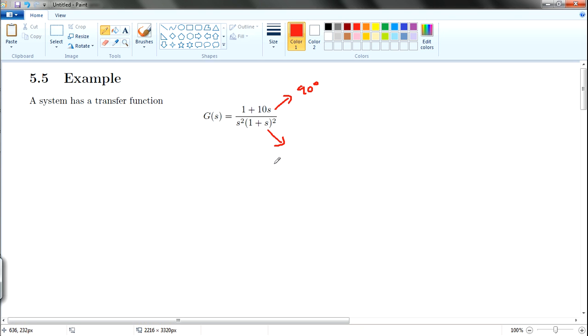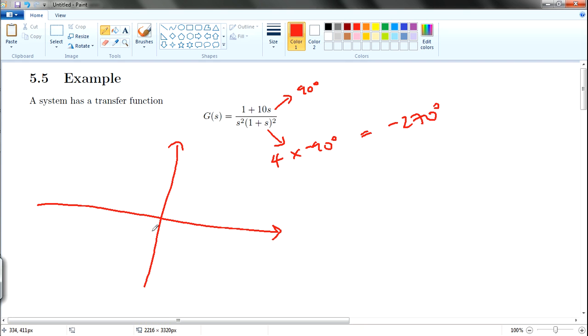So you have fourth order times negative 90 degrees for the poles. If you sum them up together, you have negative 270 degrees. And then I can visualize what my locus will be. So it's coming from this direction, minus 270 degrees.